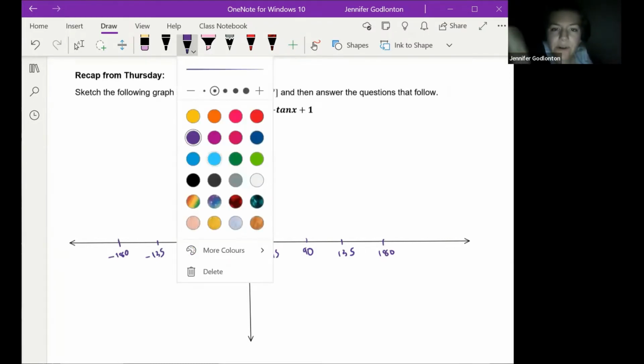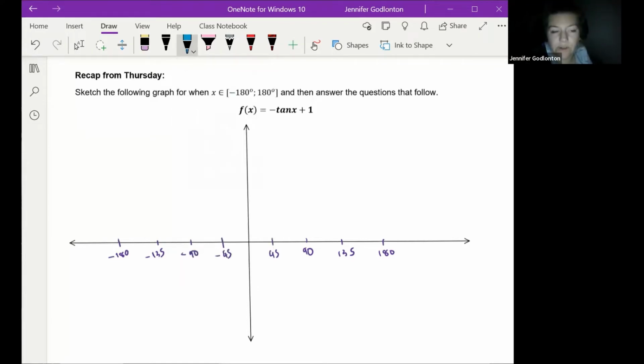Next thing is I'm going to draw in my asymptotes. Where is the one asymptote that we always need to remember? We need to remember the first one, and then we know it's just every 180 degrees after that. So where is my one asymptote that's really important for me to remember? 270 is one and 90. Great. Okay.